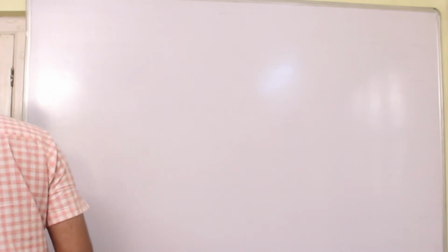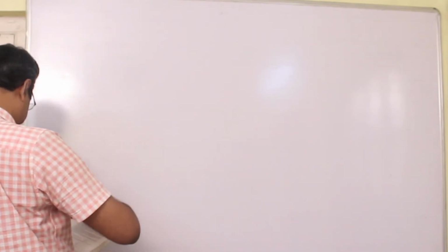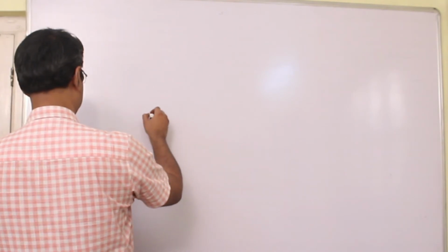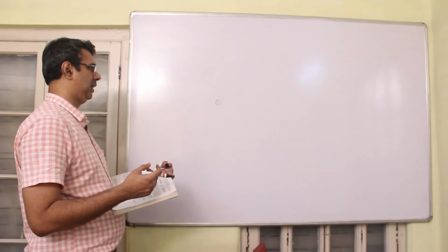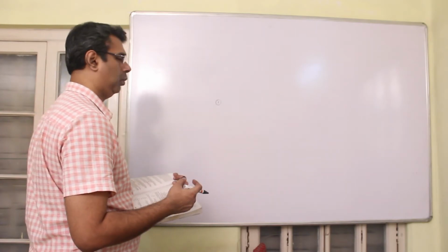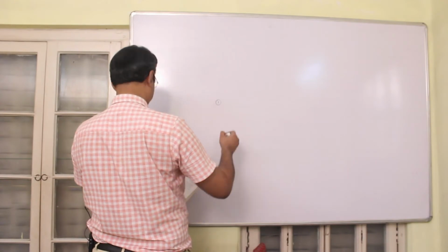Now speaking of nucleophilic substitution of haloarenes, we saw that it is not an easy reaction to perform. What could be the reason for this? Why is it not an easy reaction to perform?